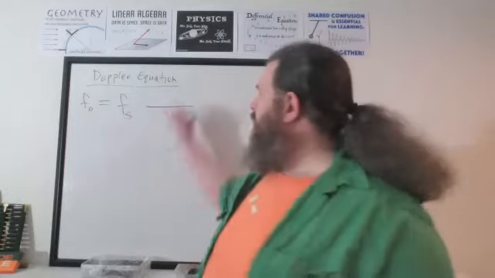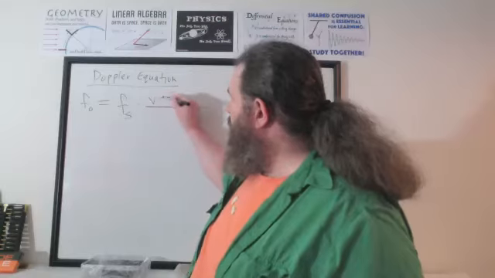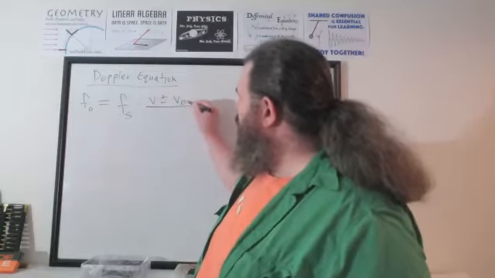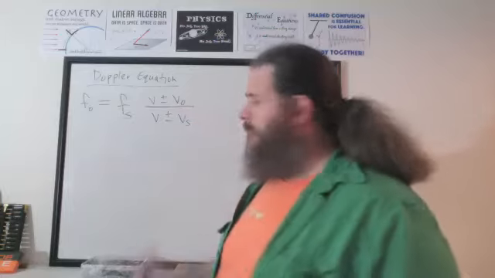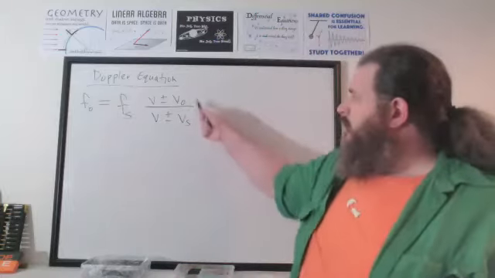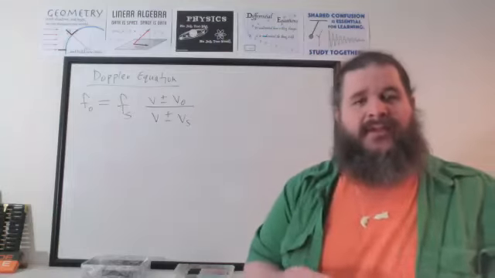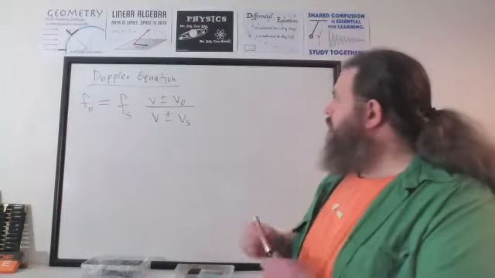That modifier is typically written as V plus or minus V observer divided by V plus or minus V source. So VO and VS are the speed that the observer is traveling at and the speed that the source is traveling at.